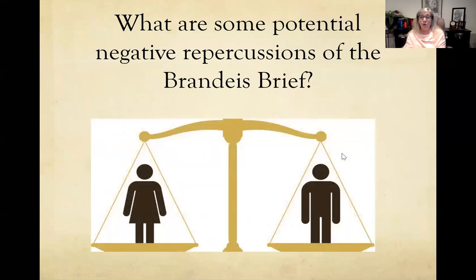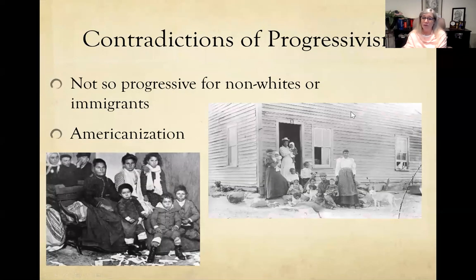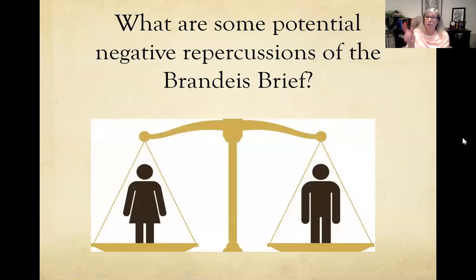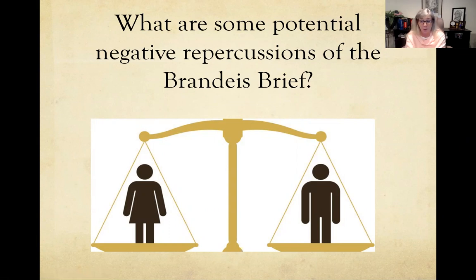Well, it's going to be saying that if you're trying to claim that men and women are equal, to earn equal pay, to earn equal access to advancement or promotions in your job, then you've already got this foundation from the Brandeis brief that's saying that women and men are not equal because they are physically not equal.